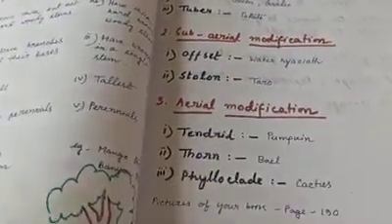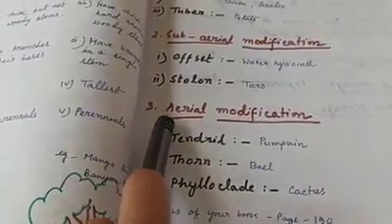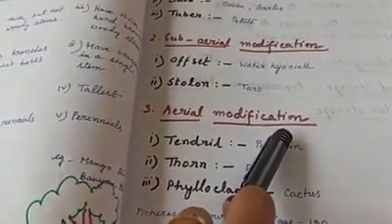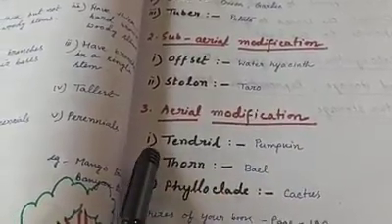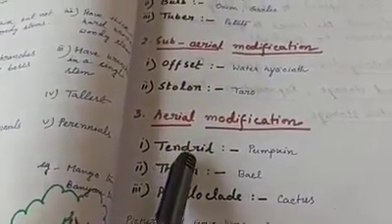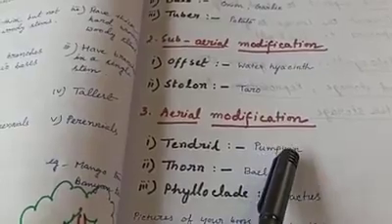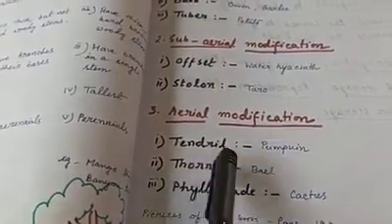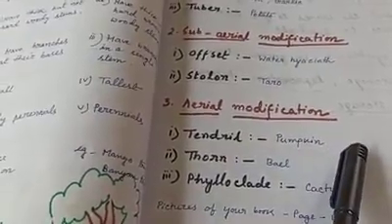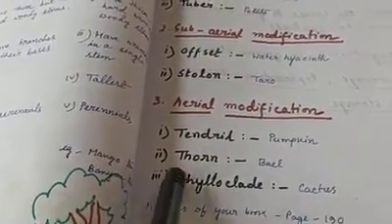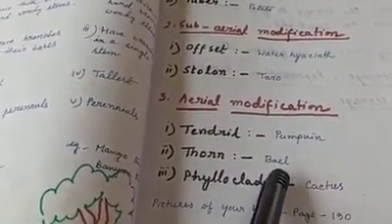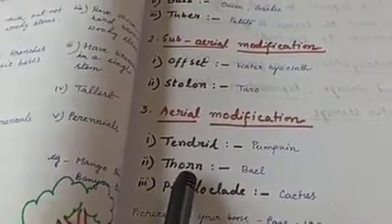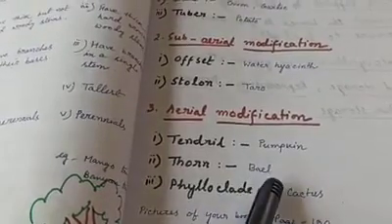Now the last one is aerial modification, where some modified stems are present in the aerial region. Among them, there is the tendril, which is found in the pumpkin plant. The tendrils of the pumpkin plant give the plant support. Thorn of the bael tree is nothing but a modified stem which acts as a defense organ of the tree.